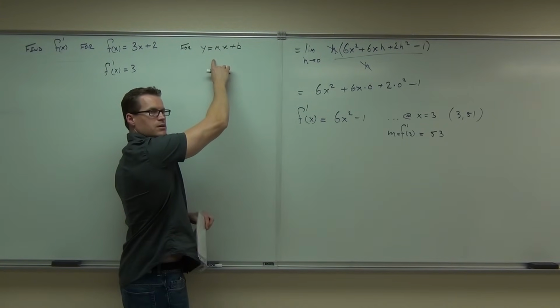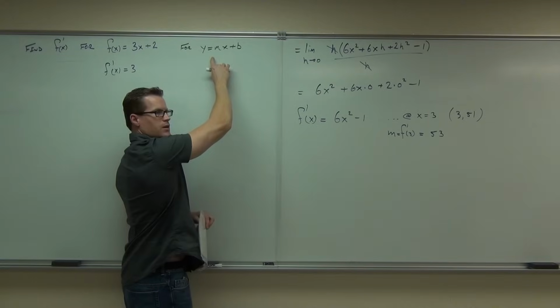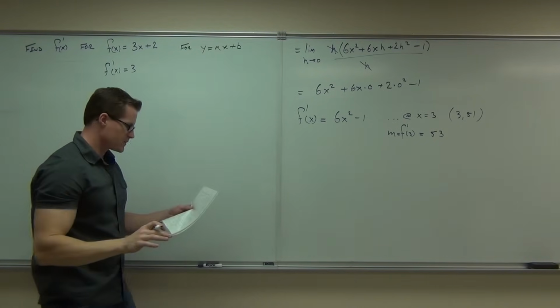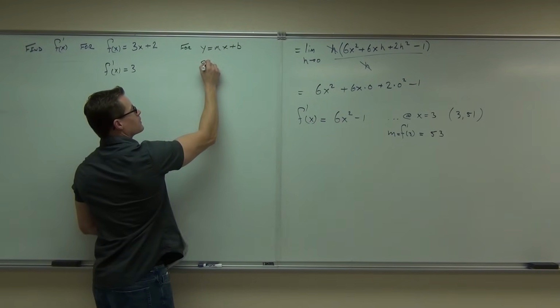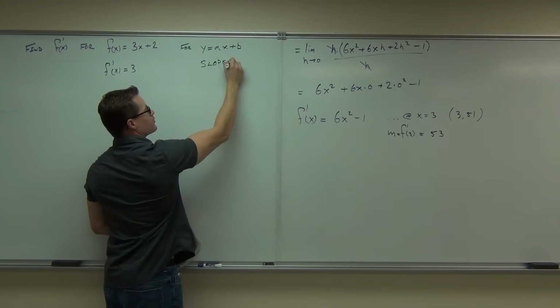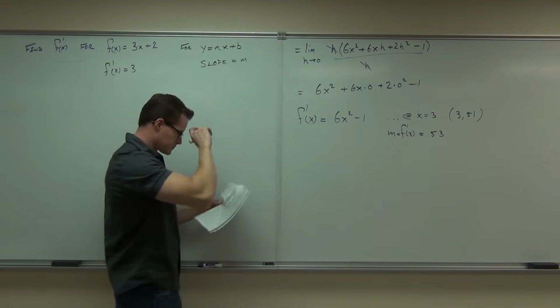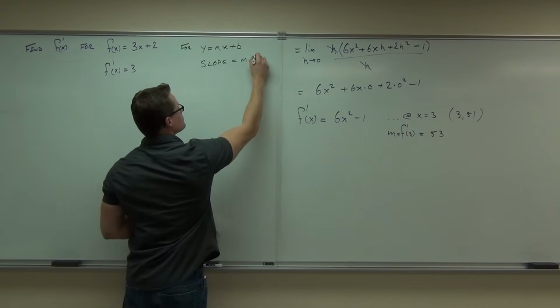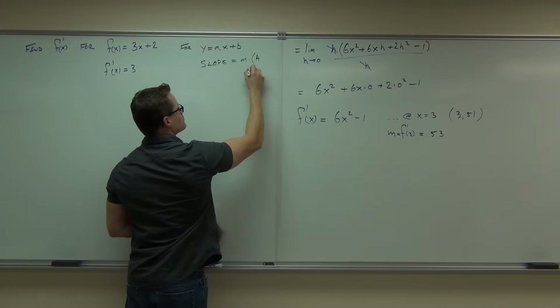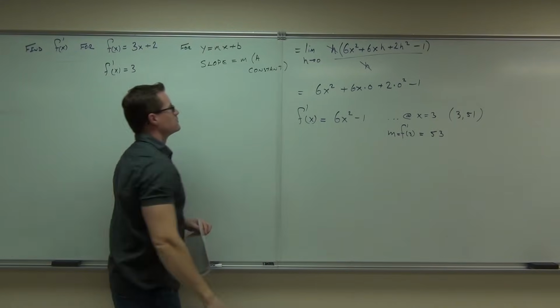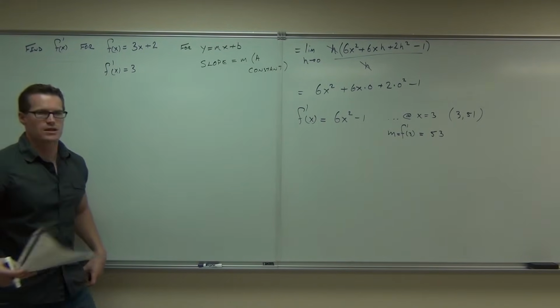At any point? Because lines don't change. Slope of that curve is m no matter what. So for any y equals mx plus b, slope equals m. It's a constant. It doesn't change at all.